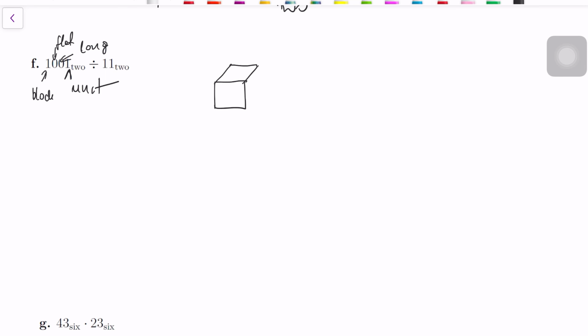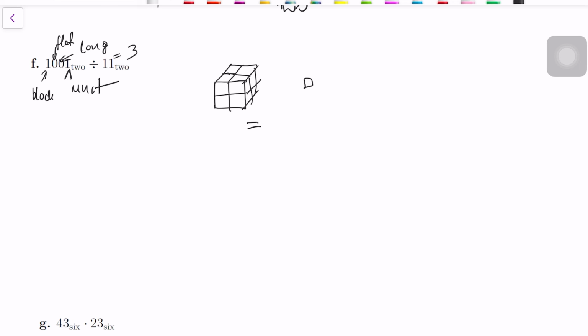One block, 2 by 2, and 1 unit, okay? And I want to fit 1 1, right? 1 1 is 1 long and 1 unit, so that's really 3 in our base.